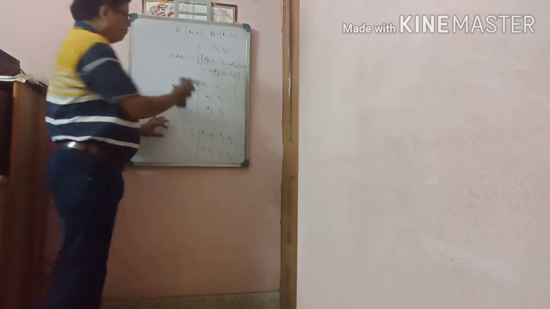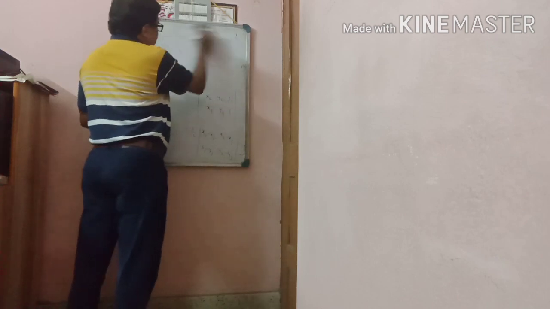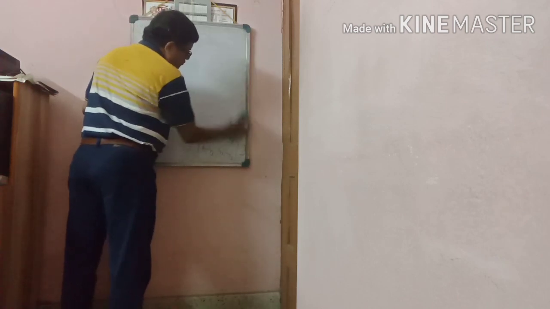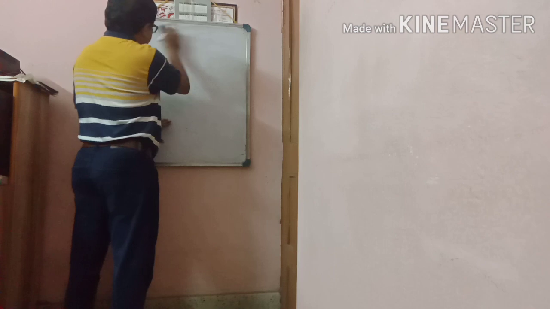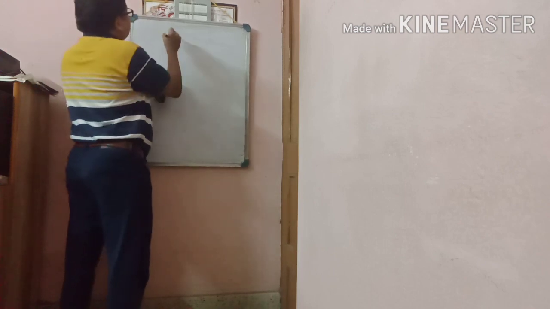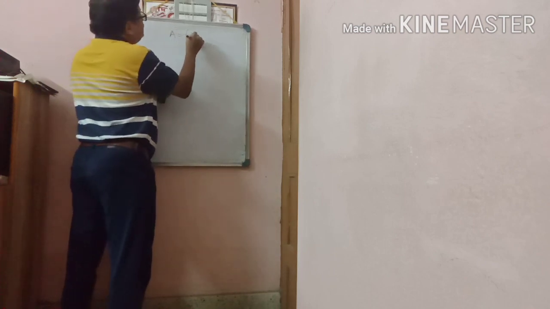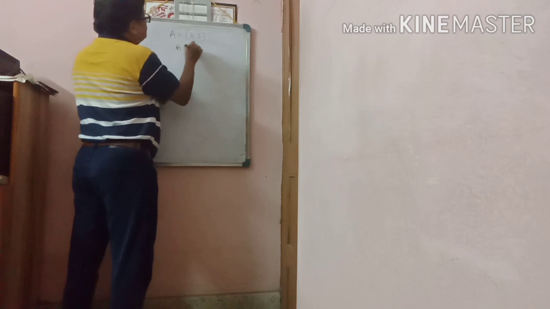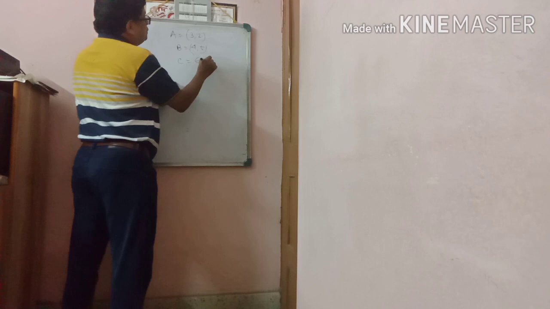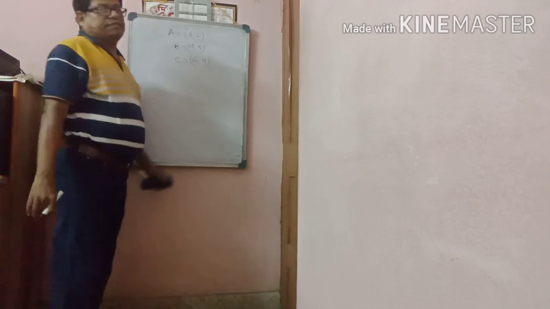Now suppose the coordinates are A equals 3 2, B is 4 5, C is 6 4. This is given. Find the area of the triangle.